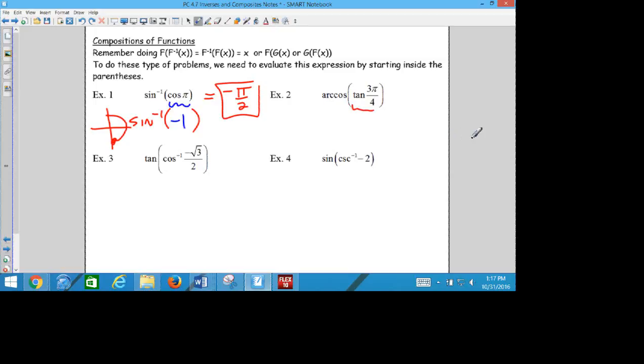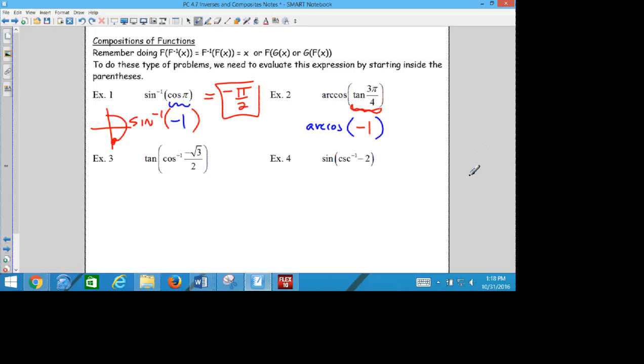Number 2, we do tangent of 3 pi over 4 first. So once you find that the tangent of 3 pi over 4 is negative 1, then we do arc cosine of negative 1.